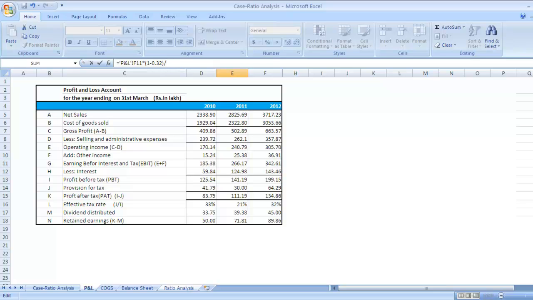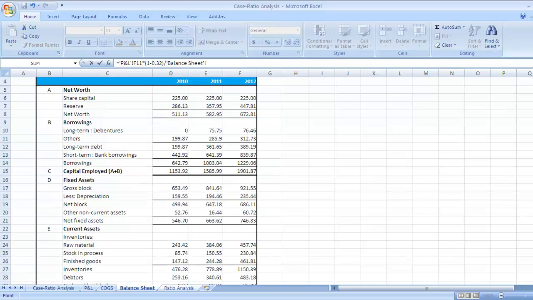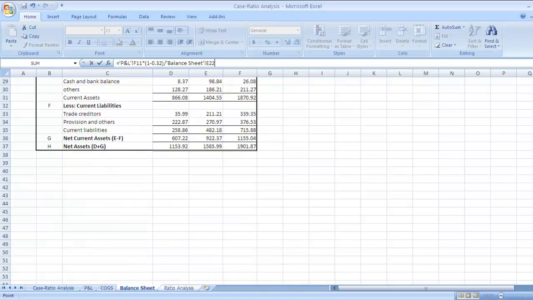So for net assets, go to the balance sheet and check net assets. So these are net assets.